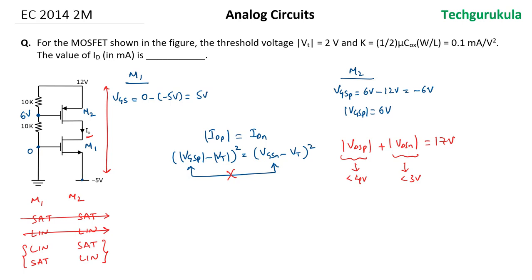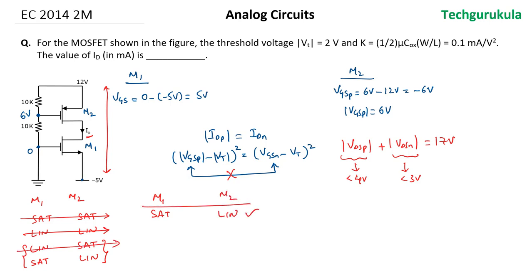But when VGS for M1 is smaller, it allows a small current to flow, corresponding to 5 volts of VGS. It can easily be supported by M2, but of course M2 has to be in linear region to support it. So that's the only possibility we have, where M1 should be in saturation region and M2 should be in linear region.